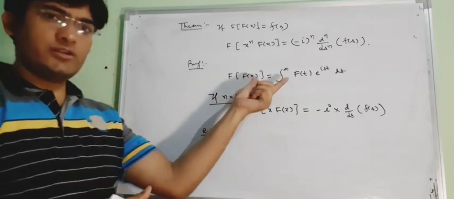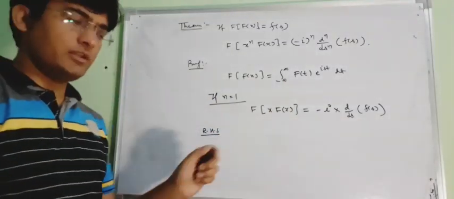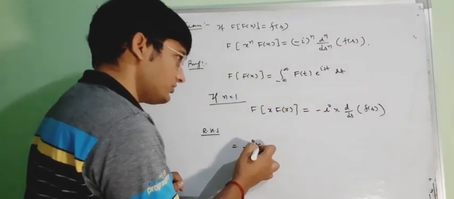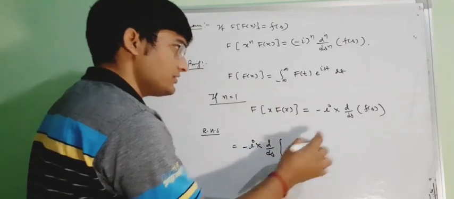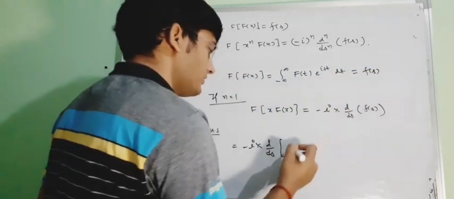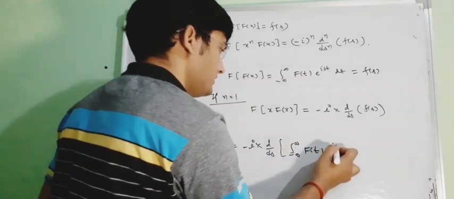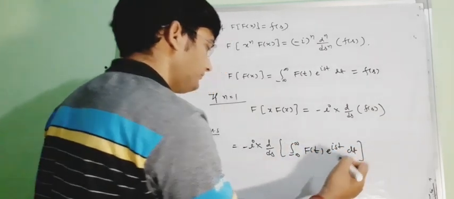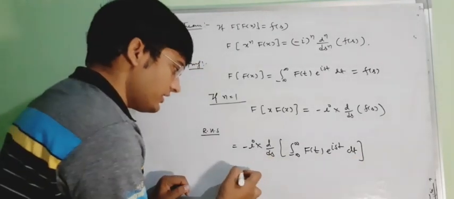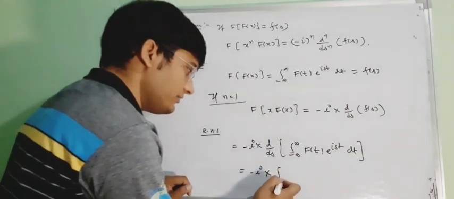So let us start with the right hand side. This is a similar result as we have proven in the Laplace transformation, and the proof is again similar. If we start with the right hand side, then we will have minus i into d by ds of f(s). f(s) means the Fourier transformation, and this is equal to the integral from minus infinity to infinity of f(t) e to the power ist dt. Again, use the Leibniz rule of differentiation under the integral sign, which says that this total derivative will become a partial derivative.